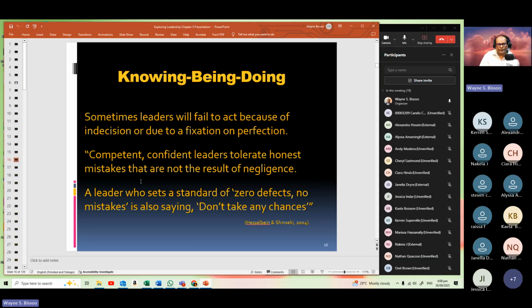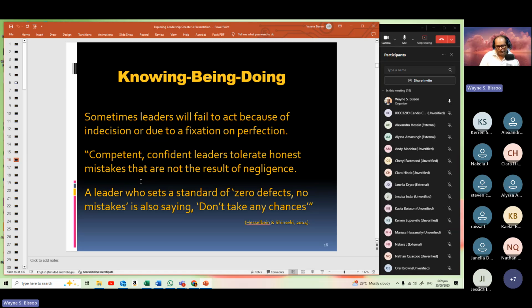And what happens with organizations or leaders that get fixated on perfection is it leads to stagnation of an organization, because you end up doing nothing, because you're looking for the perfect time, the perfect set of individuals, the perfect set of resources being available, when the reality is that you're never going to have everything all lined up in place.